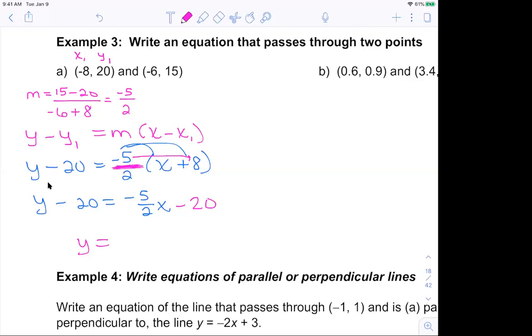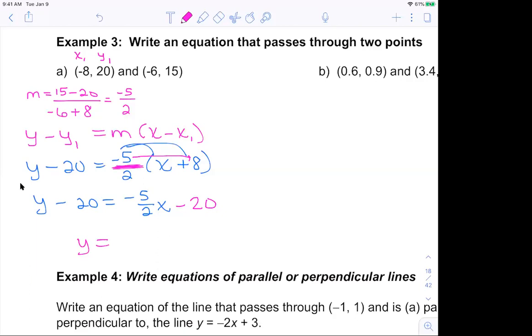So Zach, what's the answer to this equation? What's our equation become if we simplify this? Hello, can you hear me? So what's the equation become, Zach?